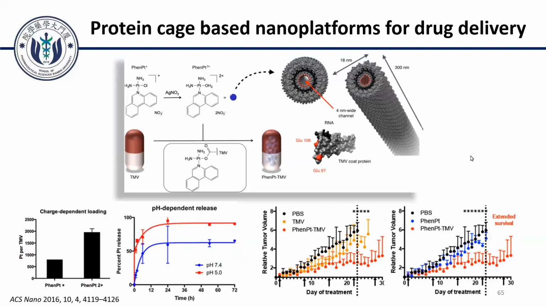Okay, so here are all the summary, all the examples on the drug delivery system based on the protein cage that we can modify from the exterior surface, interface, and interior face to get the purpose that you would like, which is cell targeting, control of the drug release, and higher drug loading capacity.